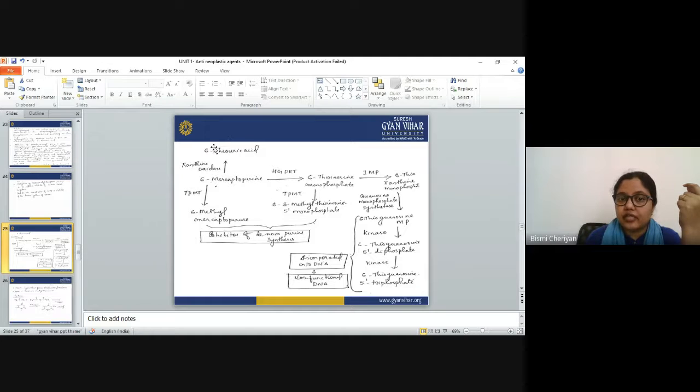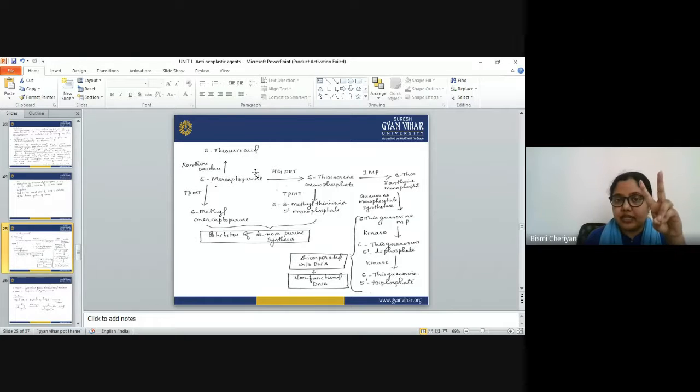But this 6-thiouric acid is again non-active, so we don't have any benefit with this metabolism.